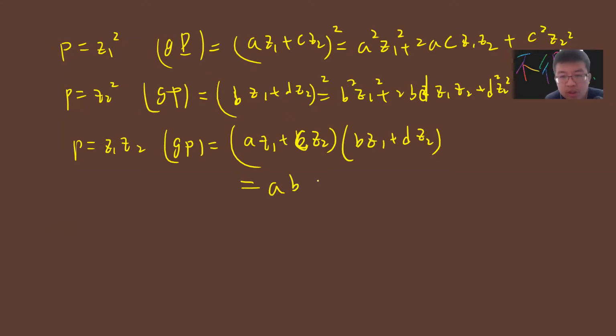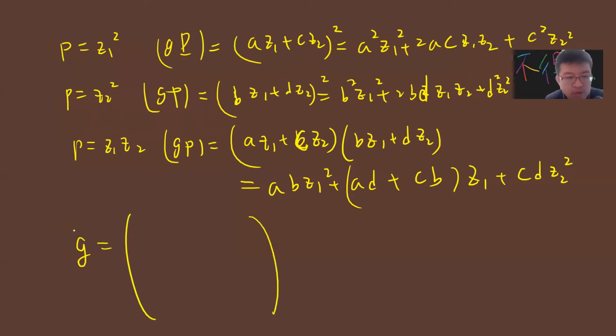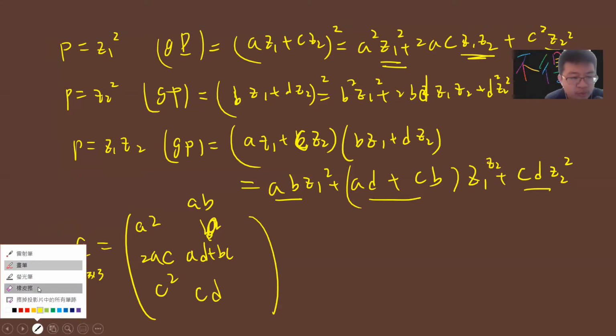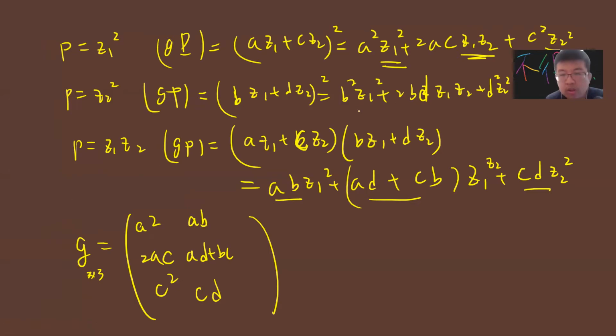So you can write it as ab z1 squared plus (ad + cb) z1 z2 plus cd z2 squared. So you can write your G now as a 3x3 matrix by just writing the linear transformation of this basis: a squared, 2ac, c squared; ab, ad plus bc, cd; and b squared, 2bd, d squared.